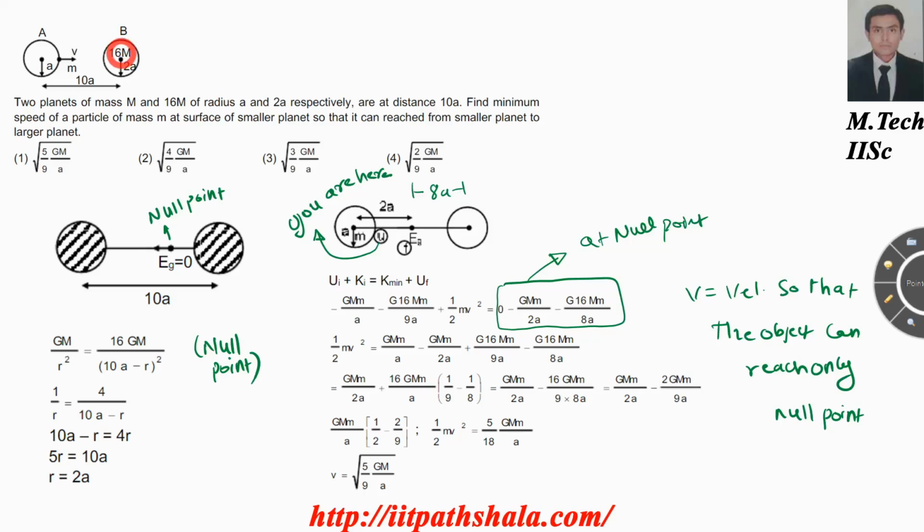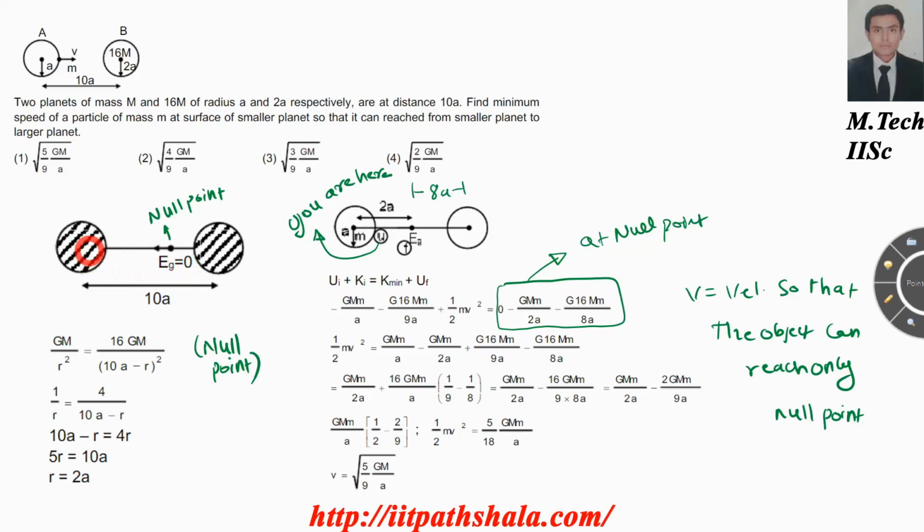So to find the velocity, I can follow the following logic. First I must find the null point in between these two planets, because at the null point the gravitational pull due to these two planets will be equivalent to 0.